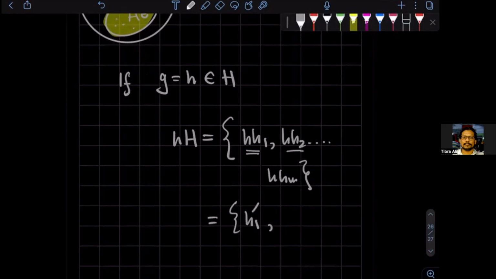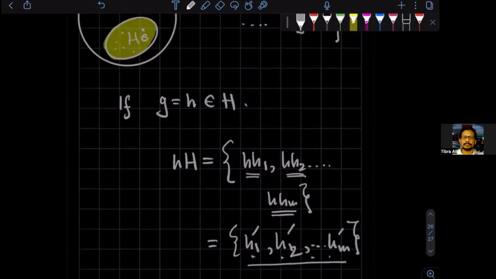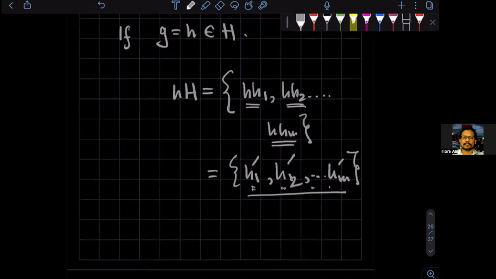And this is going to give you another element in H, let's call it h2 prime. And similarly, you can show that every element is going to be a different element, but closure tells you that it's going to be part of H. So it's obvious to see that this is closed, but what is not obvious is that all these new elements are just a reshuffling of the old elements in H. They're unique. All the elements are unique.